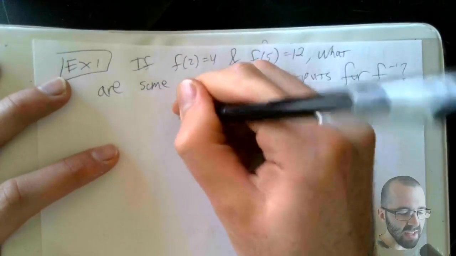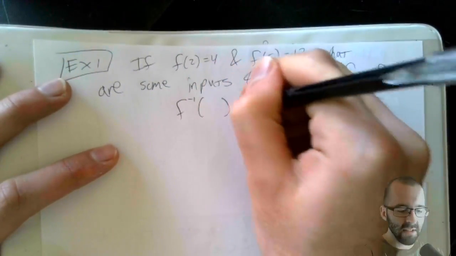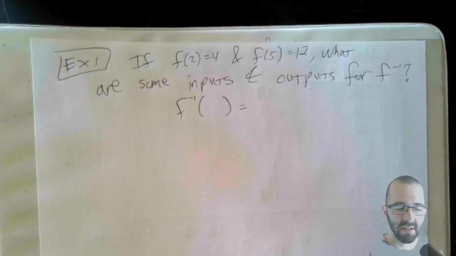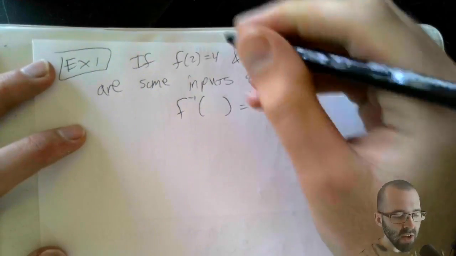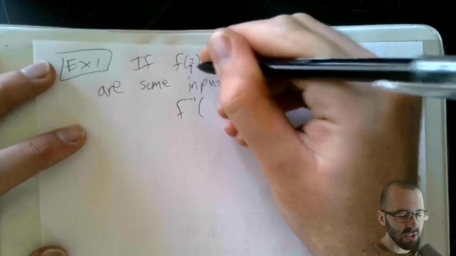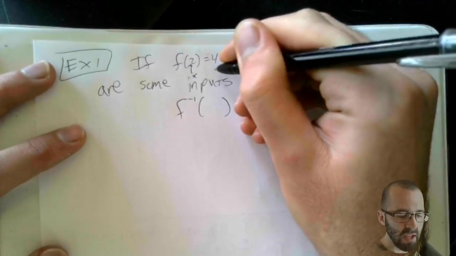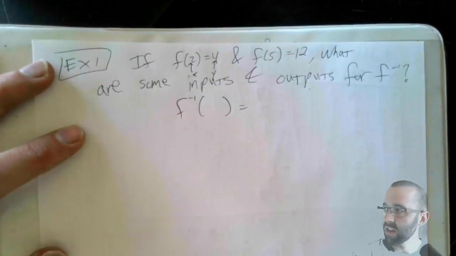Okay, so what I'm asking is f inverse of what equals what? And the idea here, remember, is that whatever's on the inside of the function is like your x. Whatever's on the outside of the function is like your y.